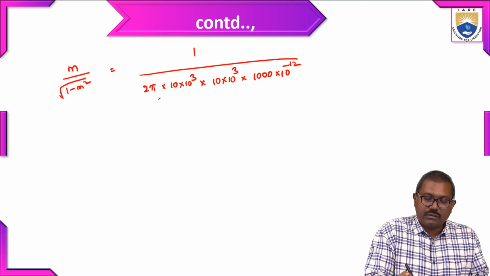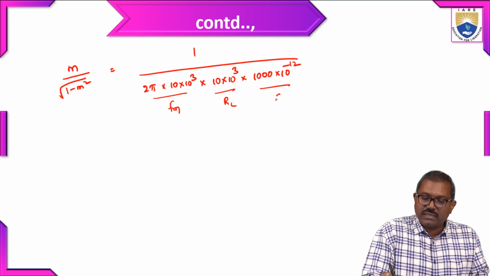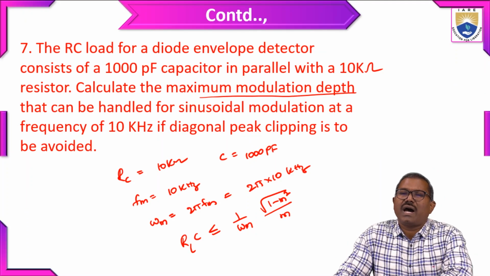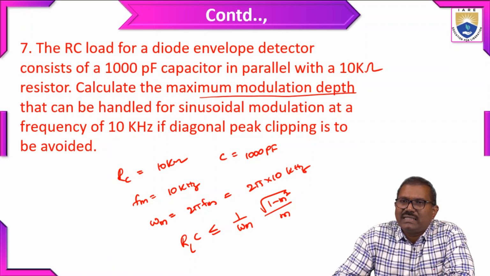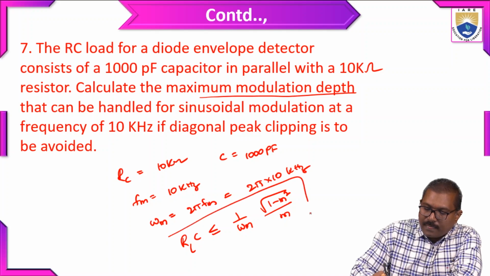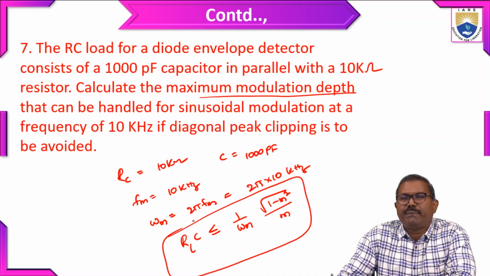Okay. So this is my FM, this is RL, this is C. Once again going back, this is my formula: RL C less than or equal to, this is the condition for avoiding the diagonal peak clipping.